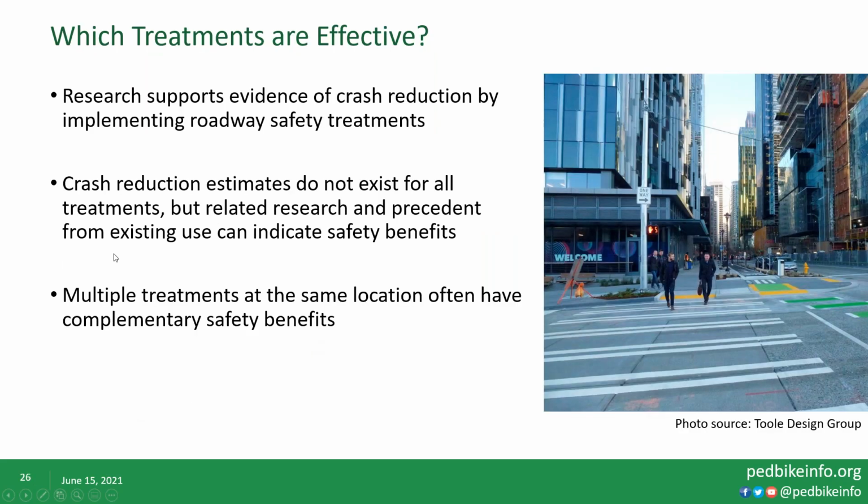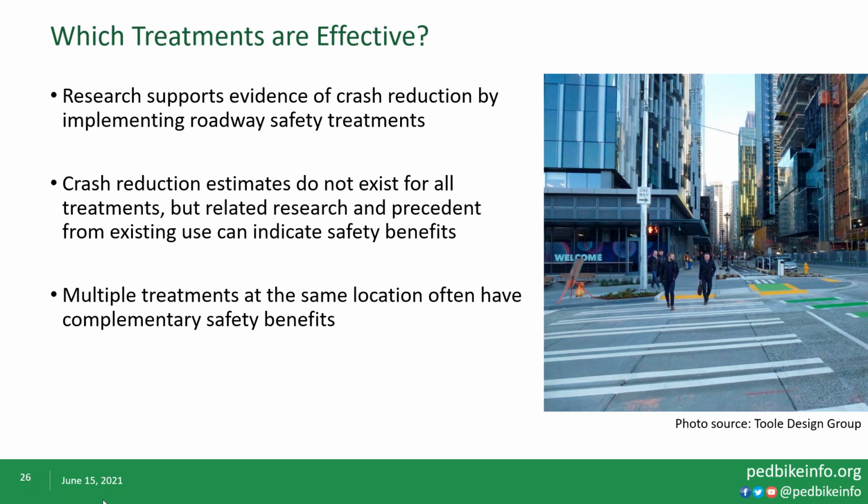So, one question that's often asked is, there's a whole bunch of different treatments available to improve pedestrian safety on arterials, and we'll get into some examples of those in a moment. But how do we know which of these are effective? There's research that supports evidence of crash reduction by implementing these roadway safety treatments, specifically estimating the crash modification factor.